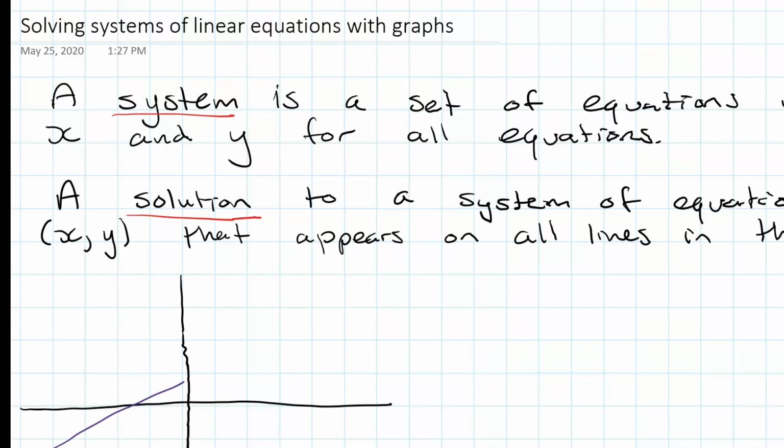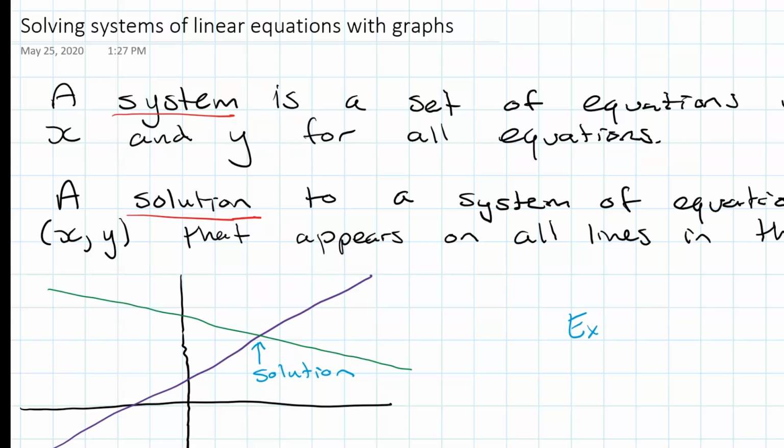So if I have it on a graph, I have these two lines. This spot where they cross is a point that is on both lines, and it is called a solution. Now, for example, is the point 6, 46 a solution to the system y equals 5x plus 16 and y equals 2x plus 34.